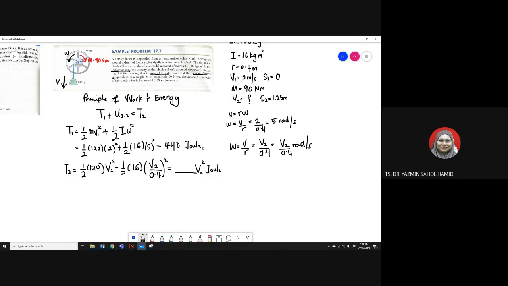Can you calculate for me? 1 over 2 times 120 is 60, plus 1 over 2 times 16 times V2 divided by 0.4 squared.